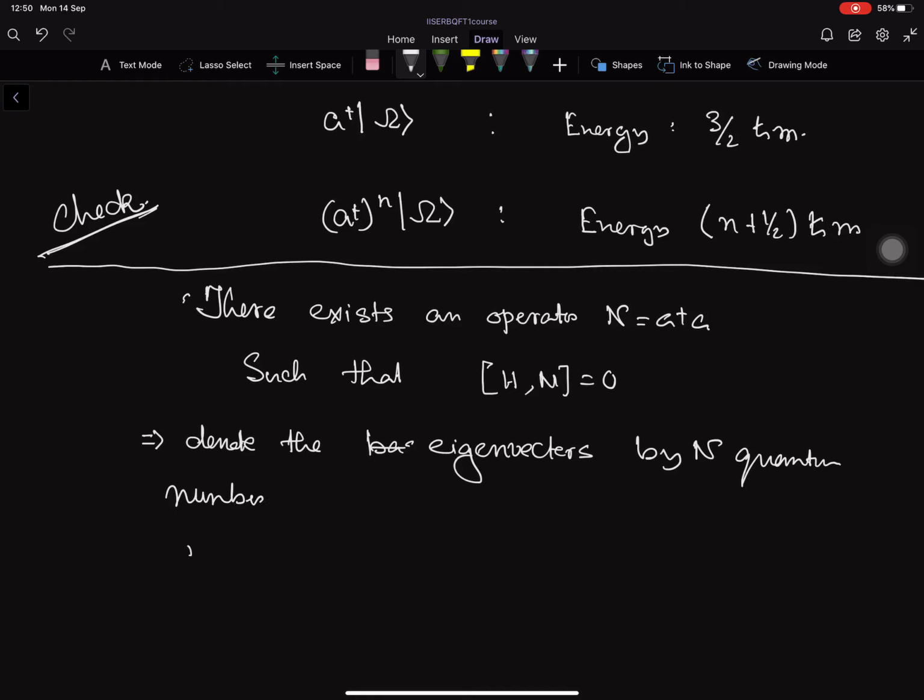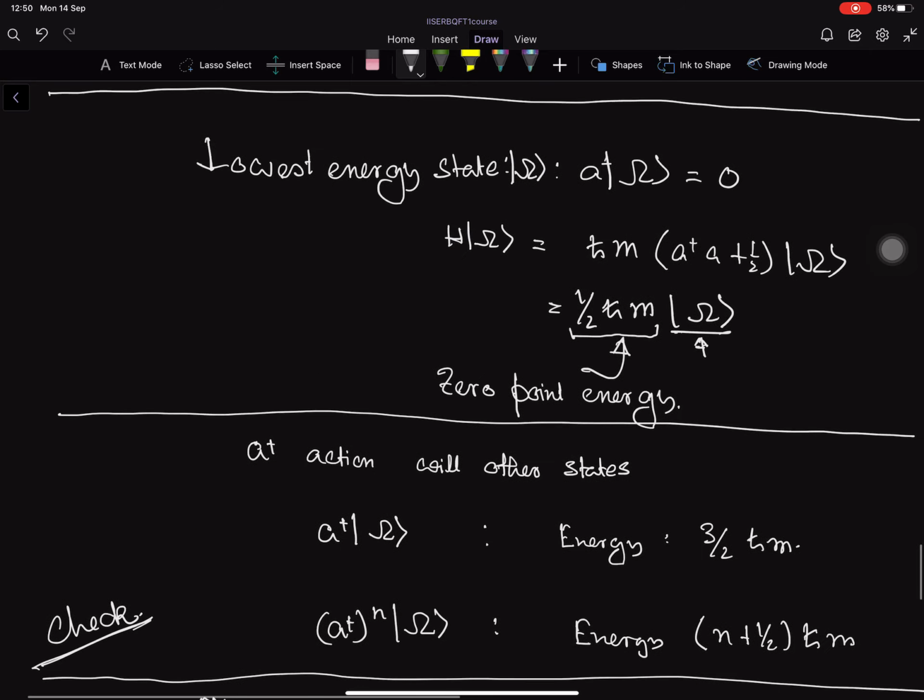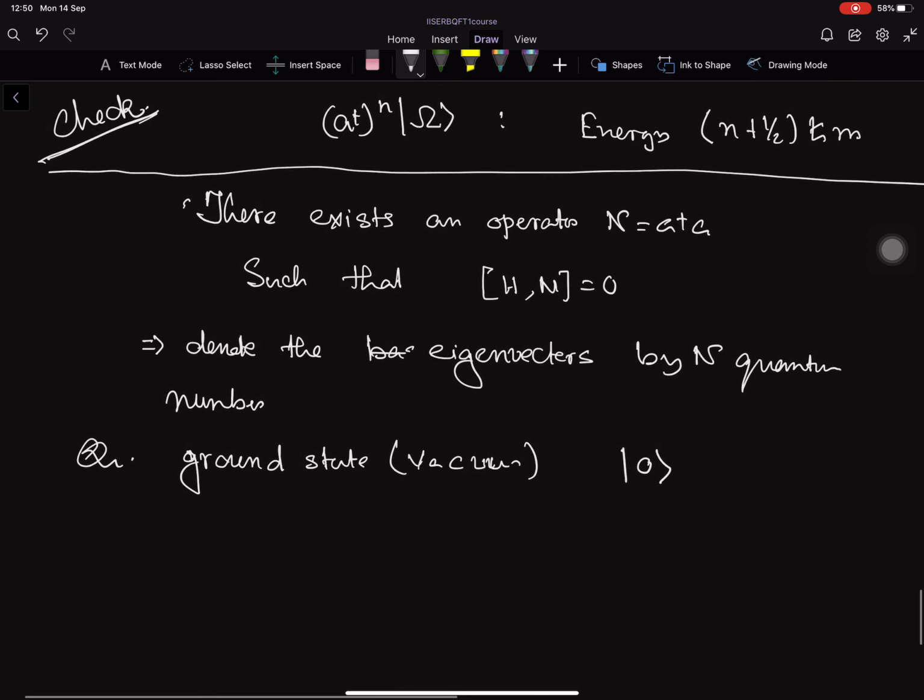So this means the quantum ground state, which is also called the vacuum, we will denote as |0>, because we found from here that N acting on the ground state is 0.